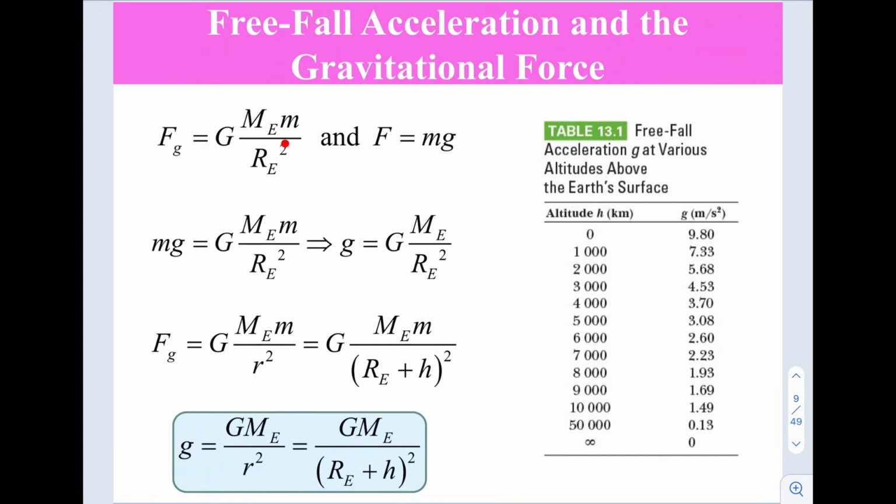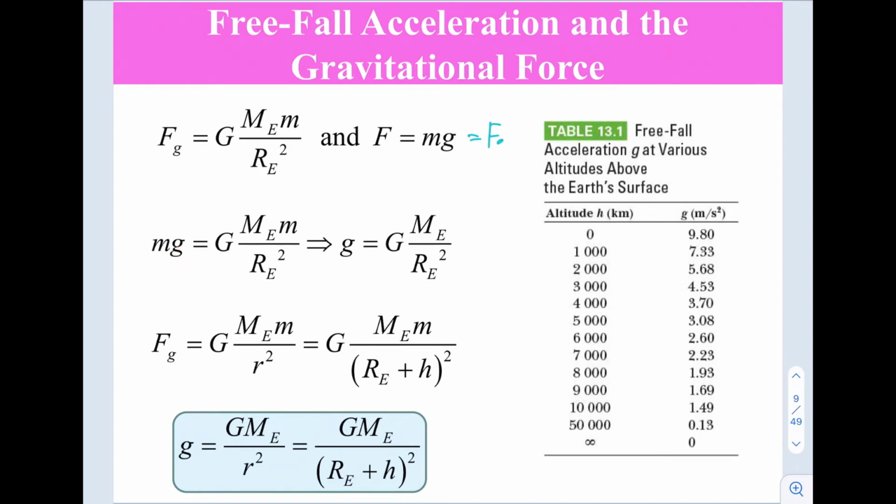Okay, let's move to free fall acceleration and the gravitational force. Talking about an object on the surface of the earth, we have Fg equivalent to capital G, m of the earth, m of the object, over radius of the earth squared. And the one that we already know previously is mg.